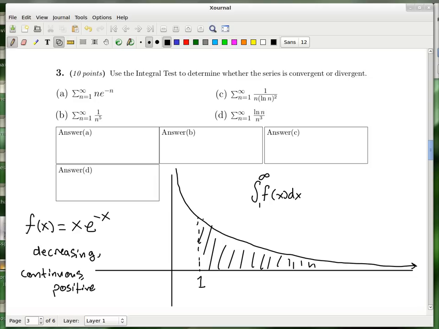So just for example, I can make the sum be an overestimate if I draw some boxes like this.